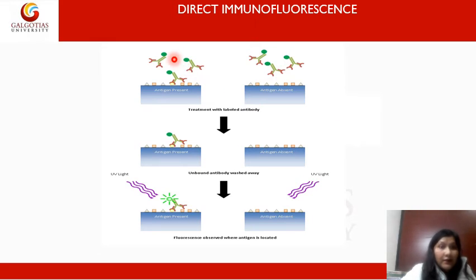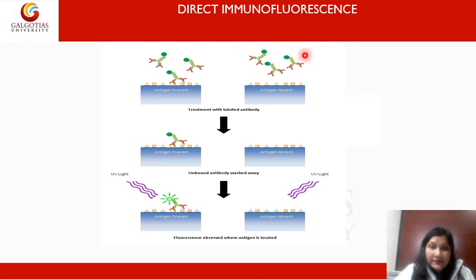You can see on the left column the representation when the antigen of the complementary antibodies is present, whereas on the right hand side column there is no such antigen present in the microtiter plate. On the left hand side, this fluorescein coated antibody has been bound to this microtiter plate, and even after washing, this antibody will remain intact to the antigen, which will give green color under UV microscope.